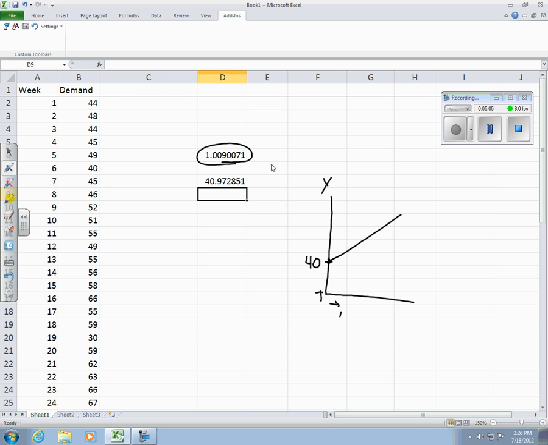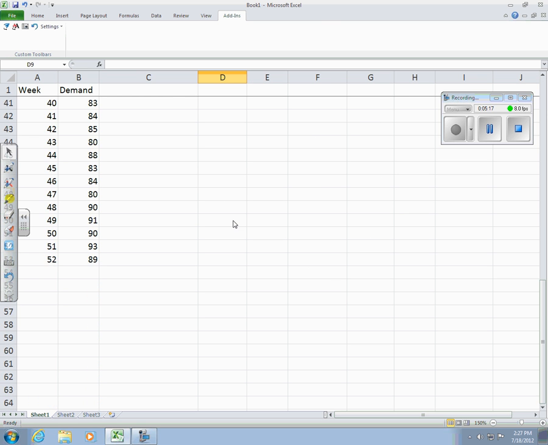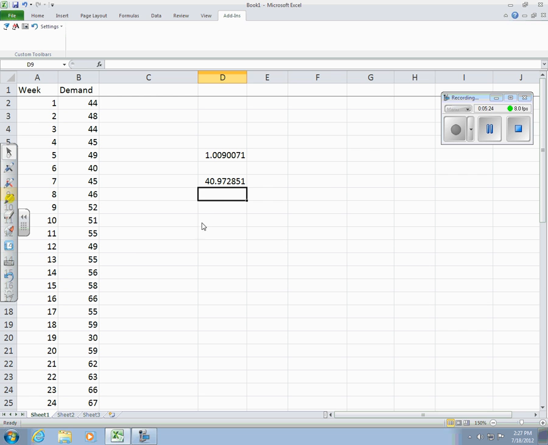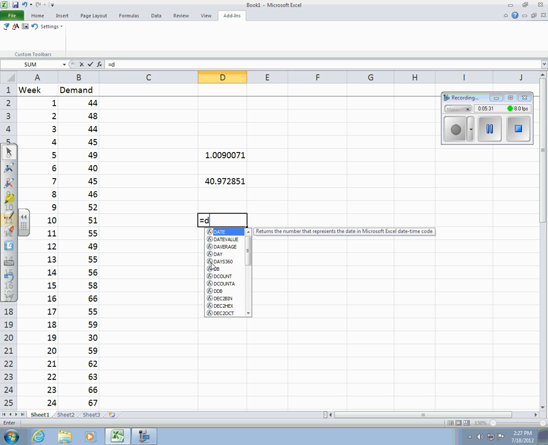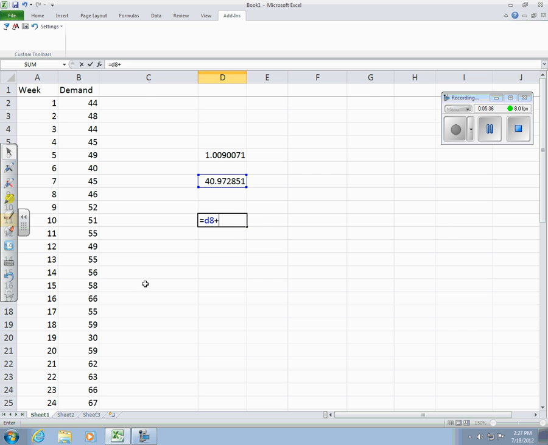Now what do you do with this? Well, we would use this line to calculate future sales. So for example, if I wanted to know what our sales are going to be next week and I wanted to use the linear equation, I would say that sales will equal the y-intercept, which is in cell D8, plus that slope, D6 times 53.